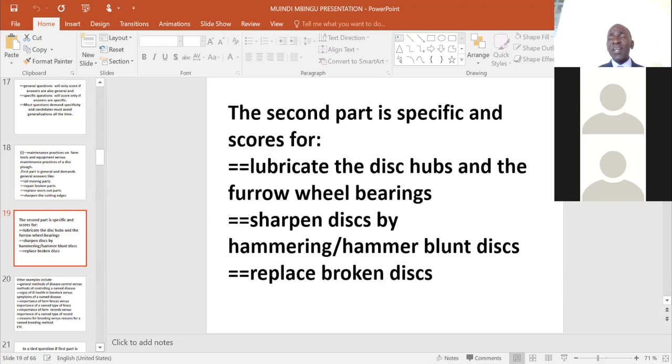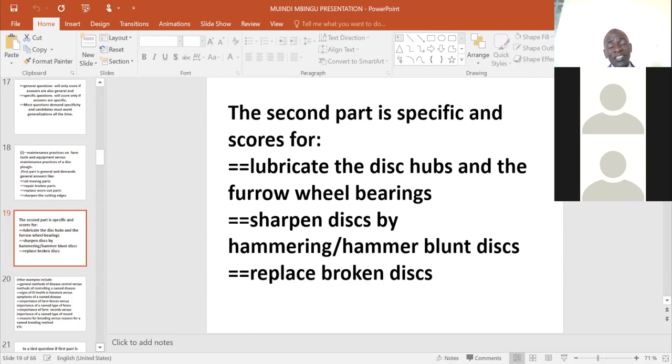You are mentioning the name of the part where lubrication is done. That is a specific answer. Sharpen discs by hammering. Now it is not just sharpen the cutting edges. Hammer blunt discs. We are mentioning the part that is sharpened because we must also be specific.